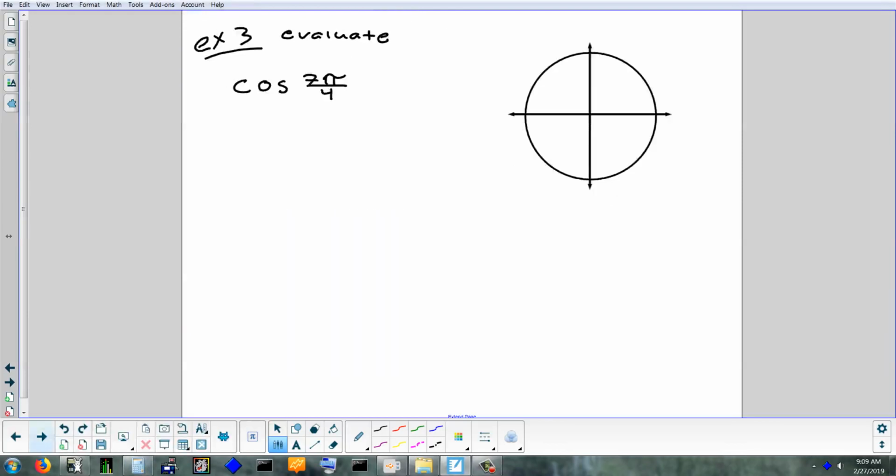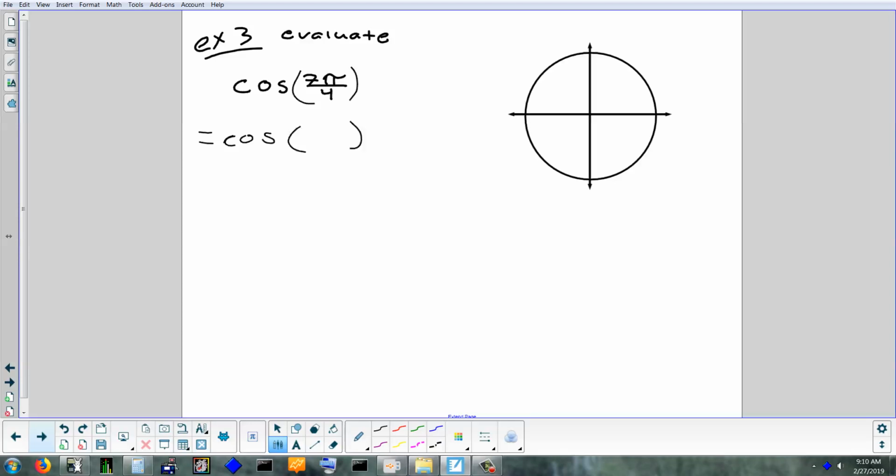Right, we have one more 45-degree angle we can do. So let's see what this one comes out to. Kayla, what's the first thing that we could do here to make it a little easier? Change it to degrees. Yep, you could change that to degrees.